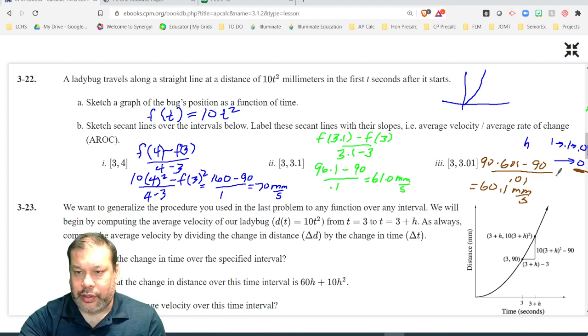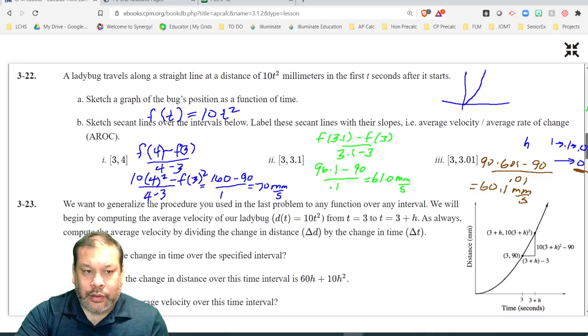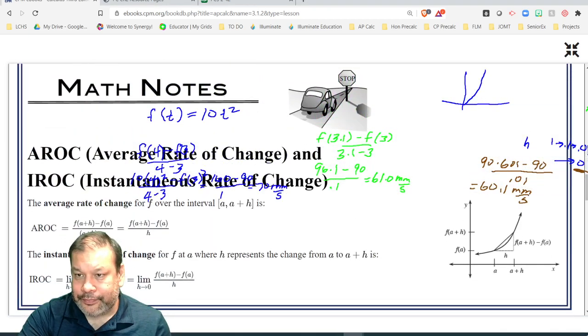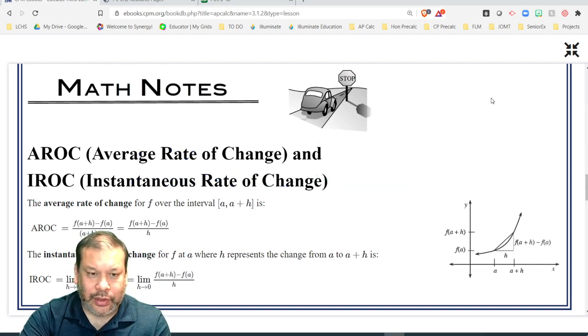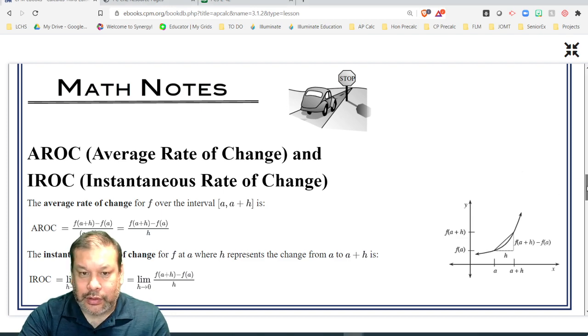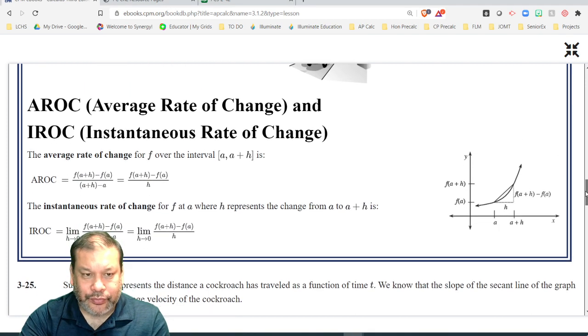So let's look at one other problem, number 25. We'll briefly go over this math note, which just goes over how we set up that problem.